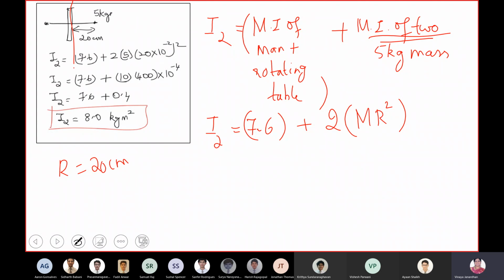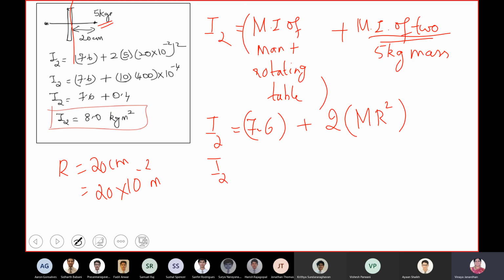You're rotating about an axis vertically passing through the man's body. So when he brings his arms closer, the distance of the 5 kilogram mass from the axis of rotation decreases. So r is 20 into 10 to the power of minus 2 meter.